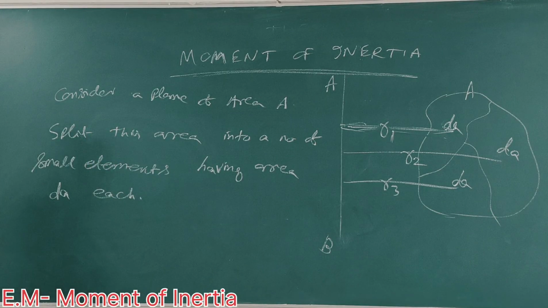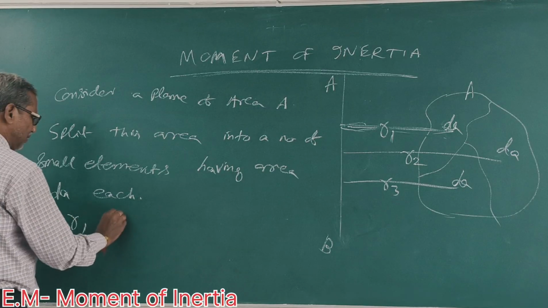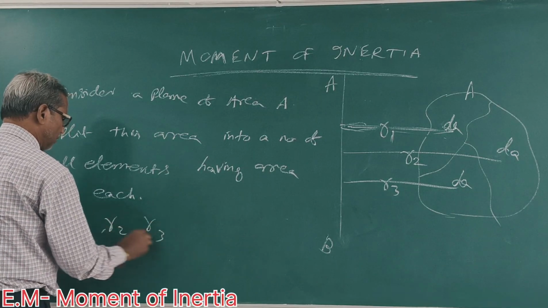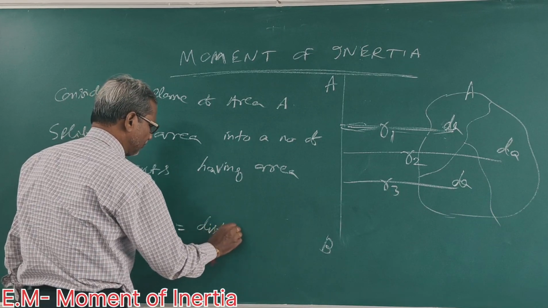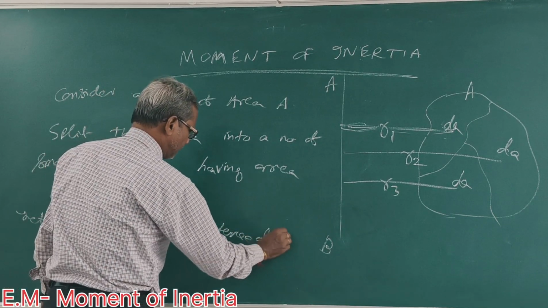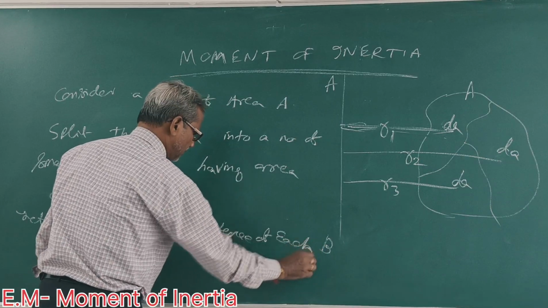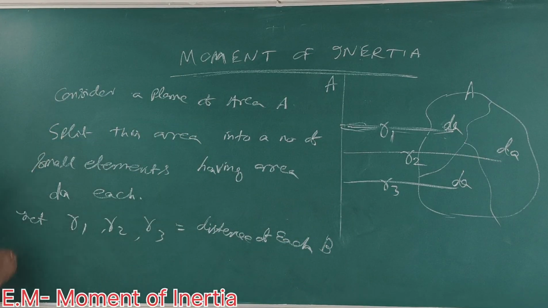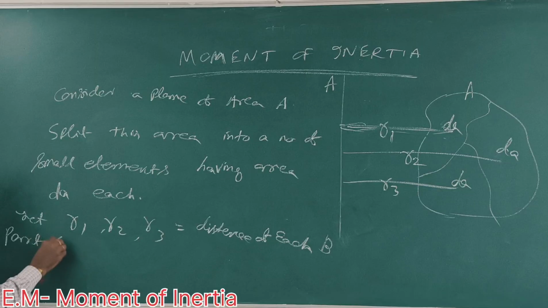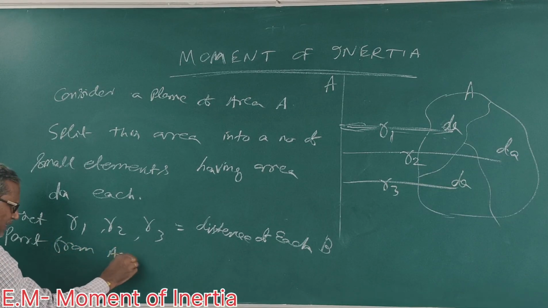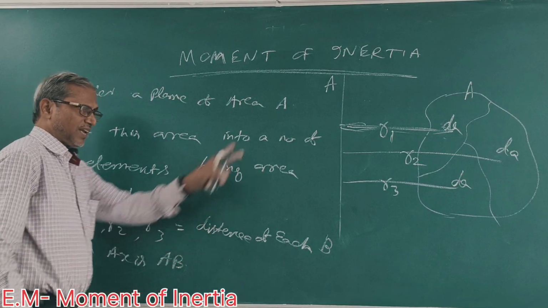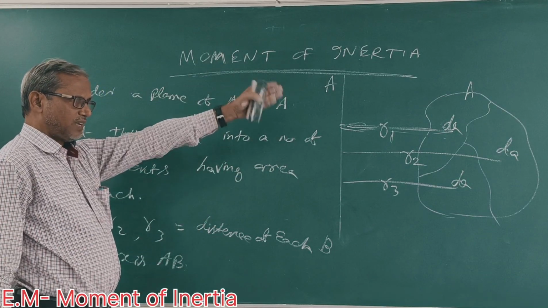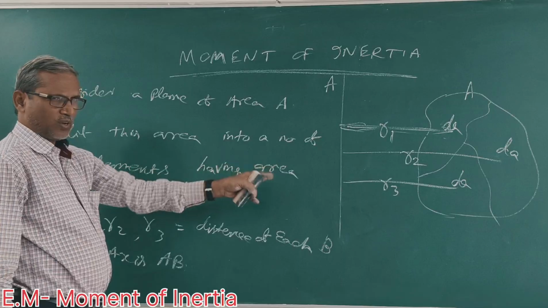Clear? Let R1, R2, R3 be the distance of each part from axis AB. Clear? This area A, small parts dA, distance R1, R2, R3.